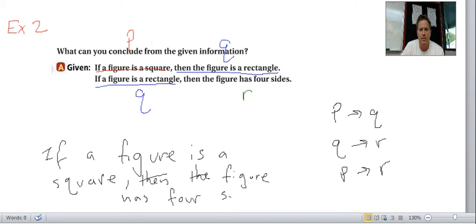So you see how before, P and R didn't have a relationship, but because P and Q are true, and Q and R are true, then we can put P and R together. If a figure is a square, then that figure has 4 sides. That is our law of syllogism.